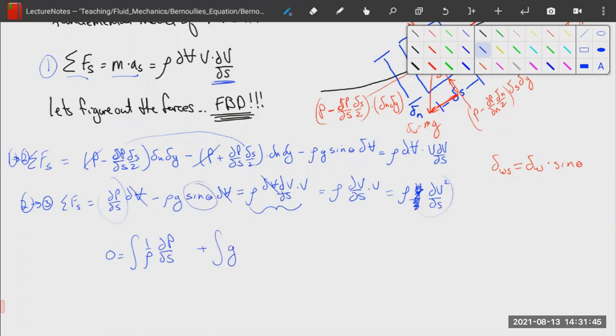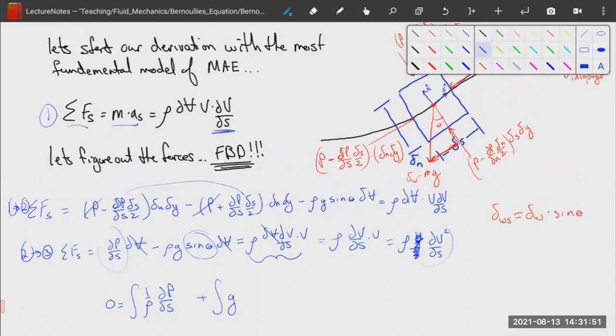Now the sine theta is an issue, but if we look at it, sine theta is equal to delta z over delta s, right?